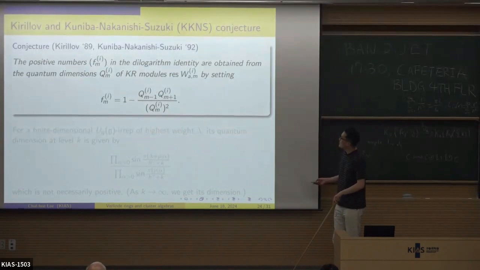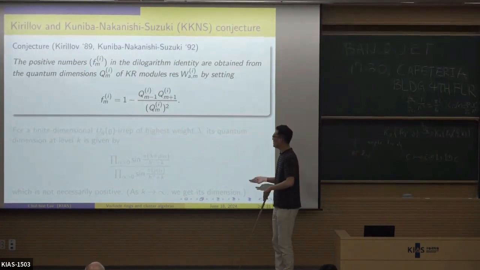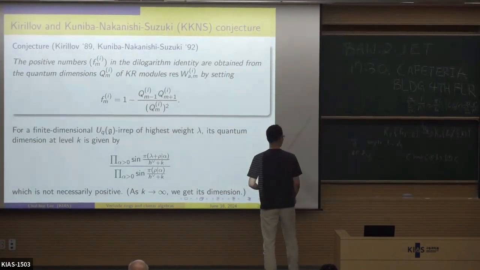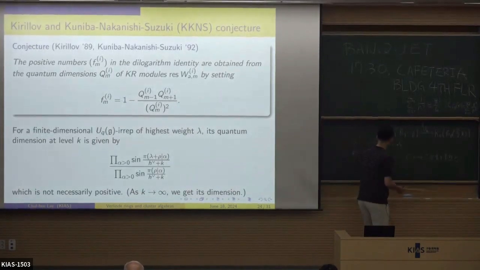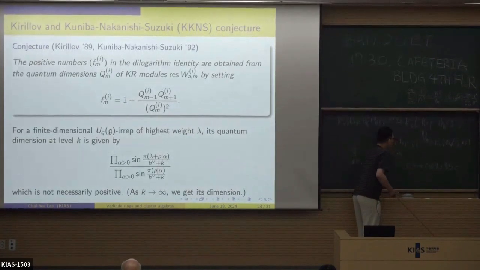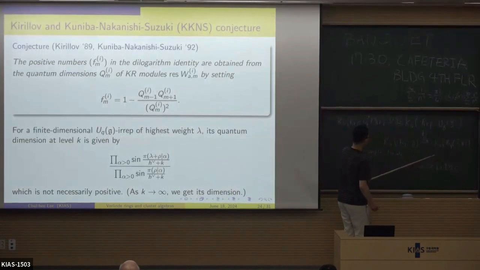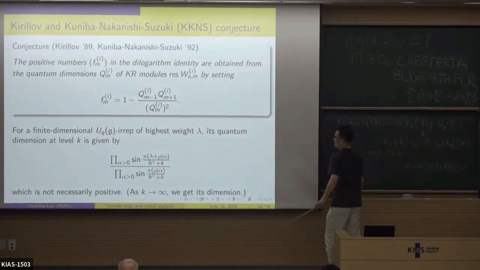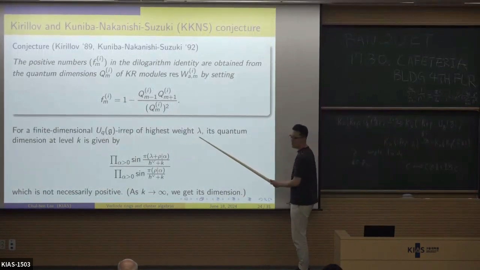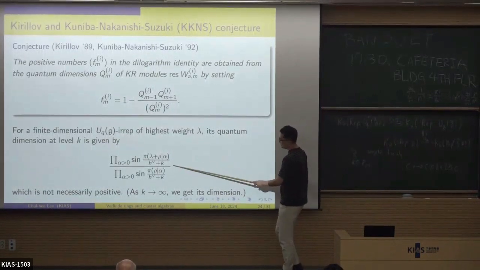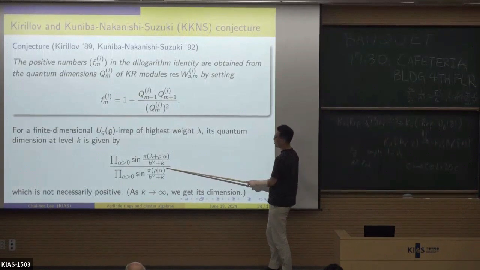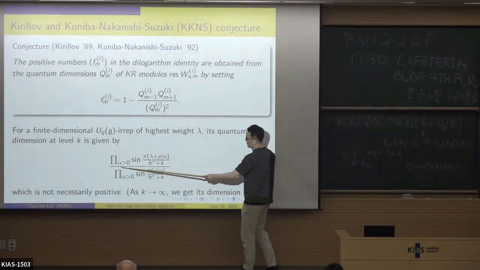So what is quantum dimension? Quantum dimension is not something very mysterious. When you consider representations of U_q(g), or Rep(g), there's a highest weight for the representation. And this is very similar to the Weyl dimension formula. This is a product over positive roots.